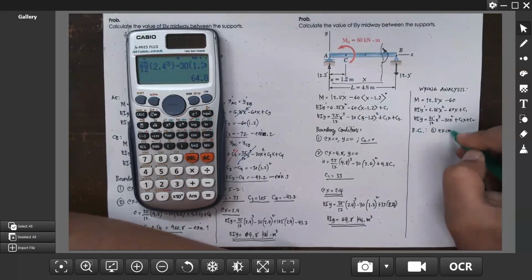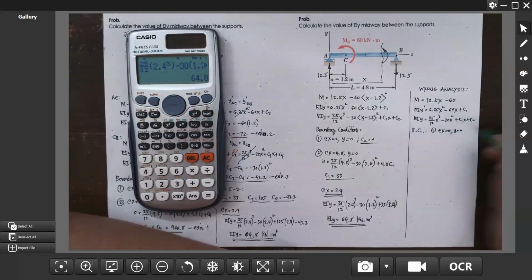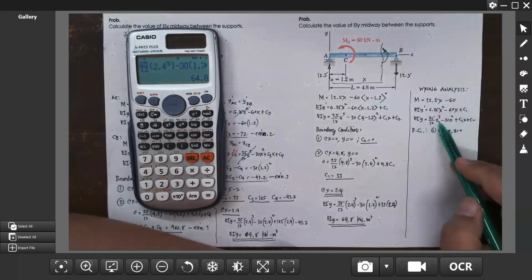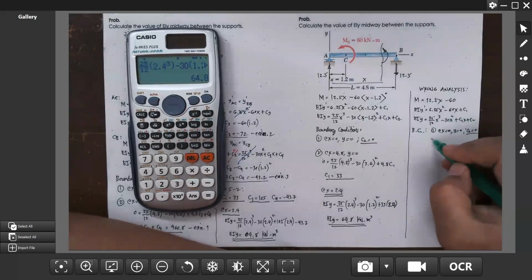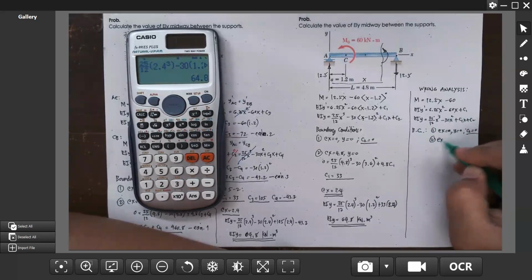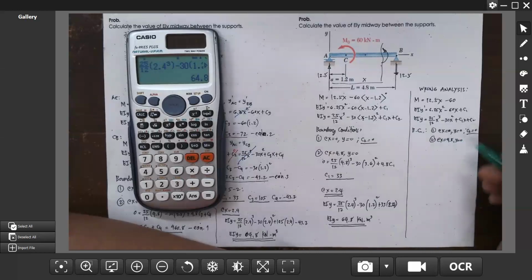At x equal to 0, y equal to 0. So C2 equals 0. And at x equal to 4.8, y equals 0.